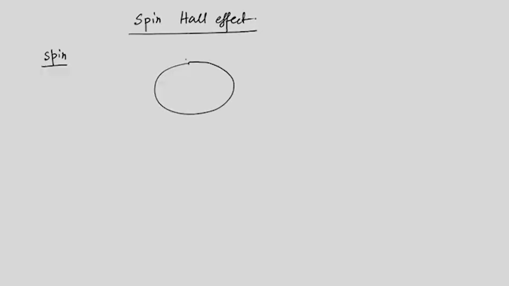So, if this is the loop which carries a current I, then the area it encloses is given as A, and this has a direction. So, this is the direction of the area which is perpendicular to the plane of this circular loop, and so M is given by I into A. Now, A is a vector, and that is how we can write M as a vector.